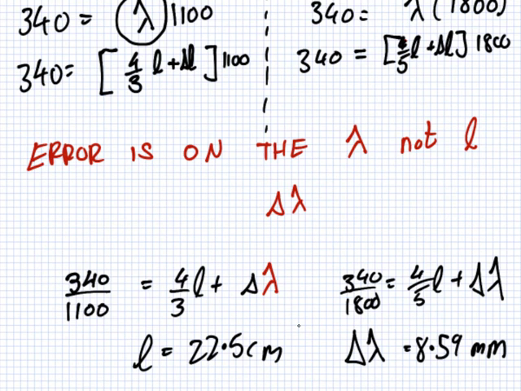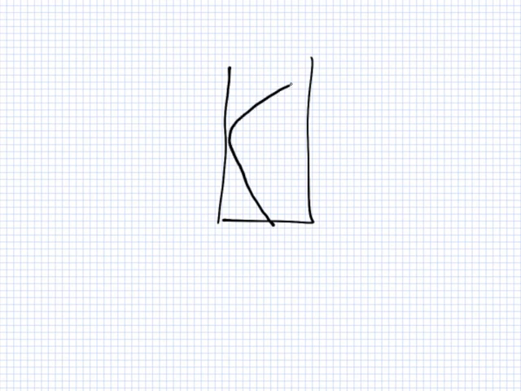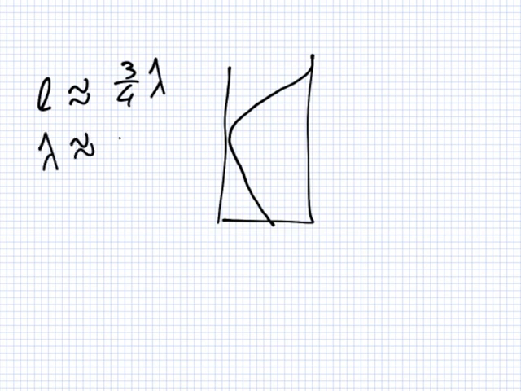But the whole thing is just 4 over 3 L. Just to be really clear at this point, there's 3/4 in here. So we're saying the L is roughly equal to 3/4 the wavelength. Or in other words, the wavelength is roughly equal to 4 over 3 L. Well, that's the basic idea.